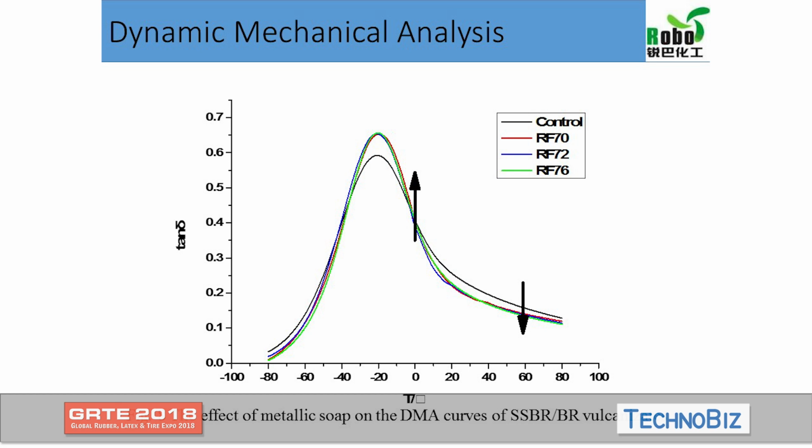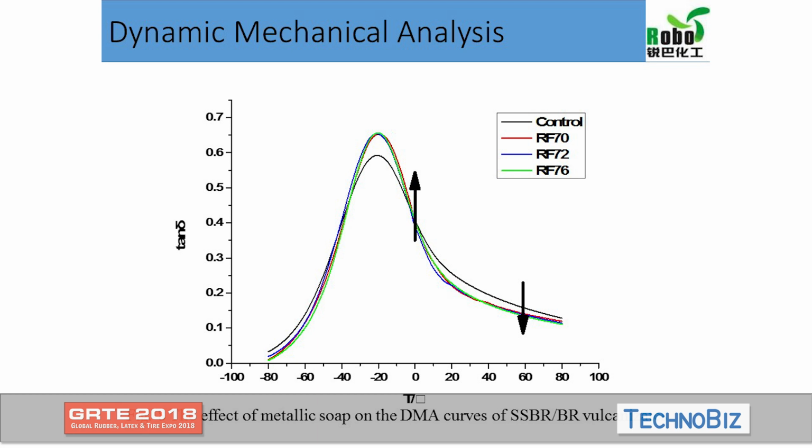On the other hand, it has been widely believed that hysteresis at lower temperature relates to the high-frequency nature of dynamic strain involved in the skid process.